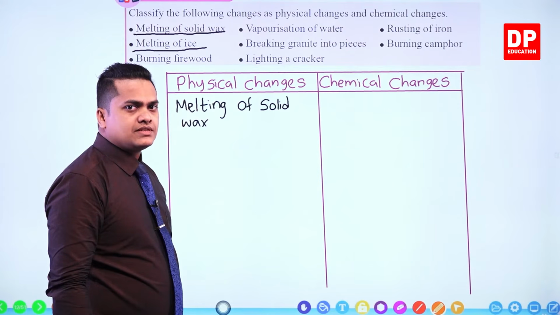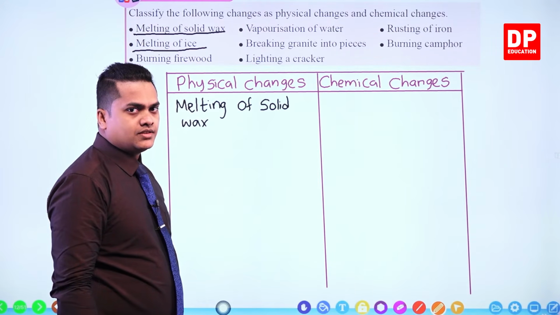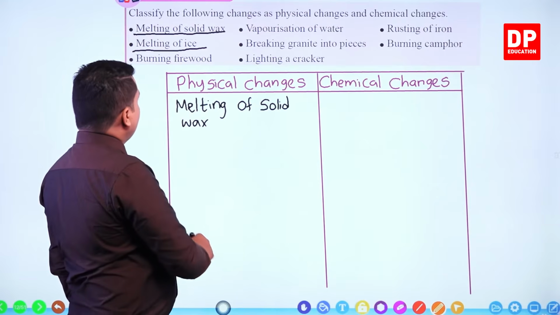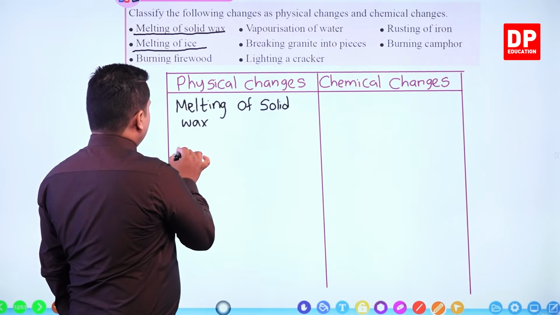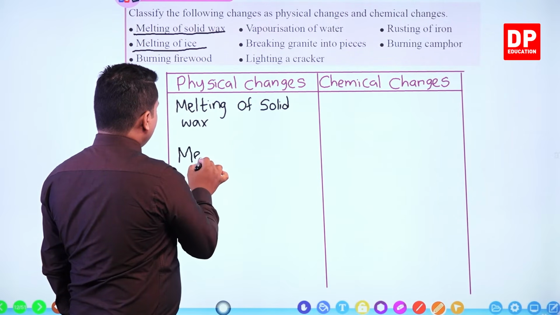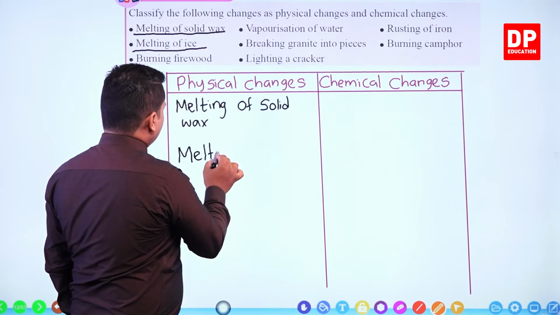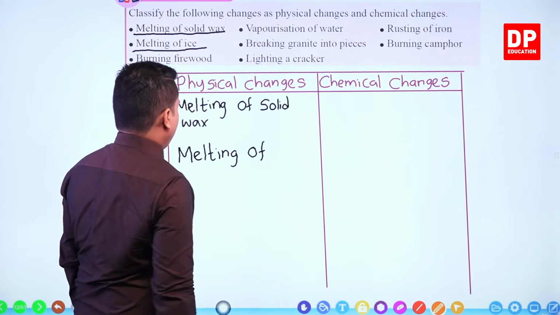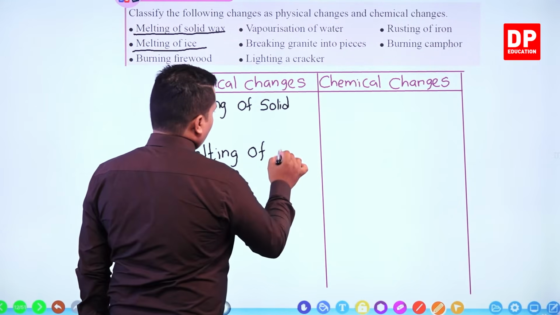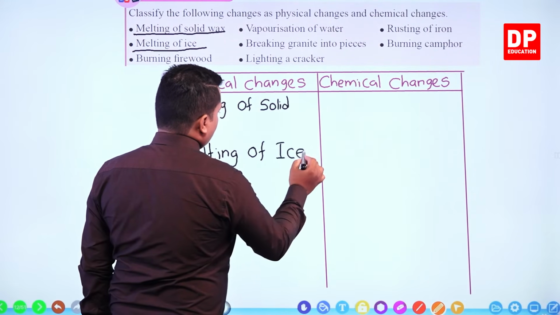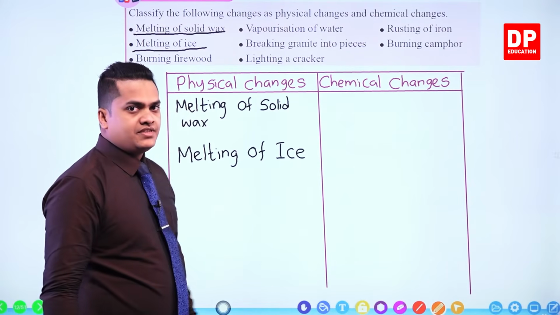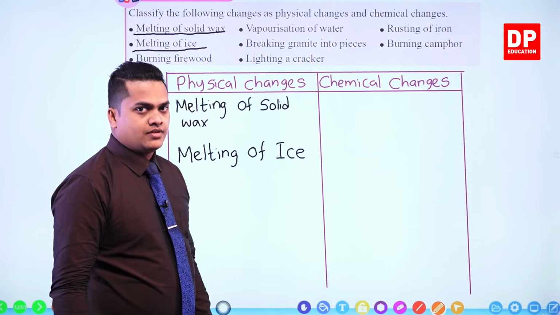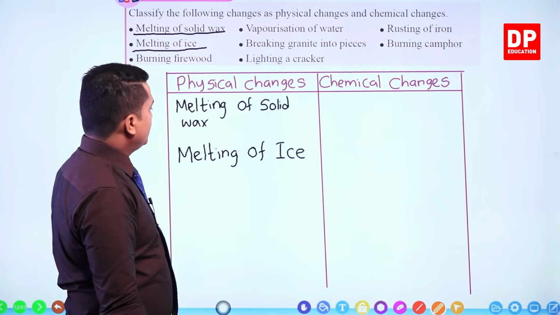No new substances are getting created. So second one, melting of ice. Melting of ice is also a type of physical change.